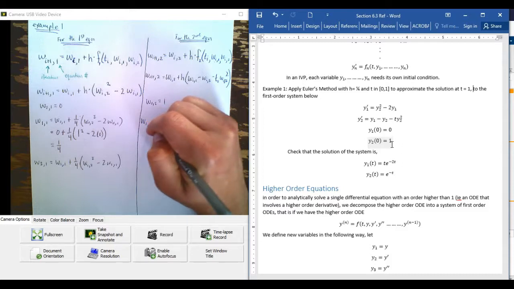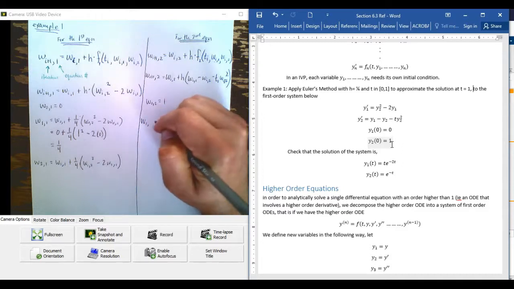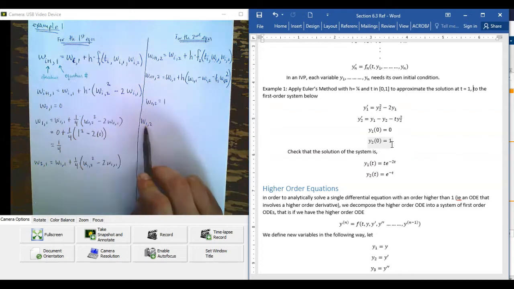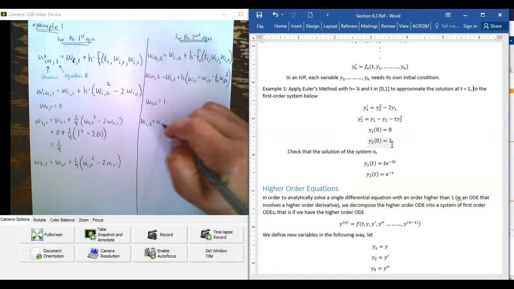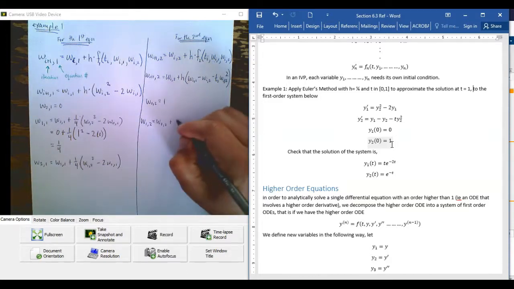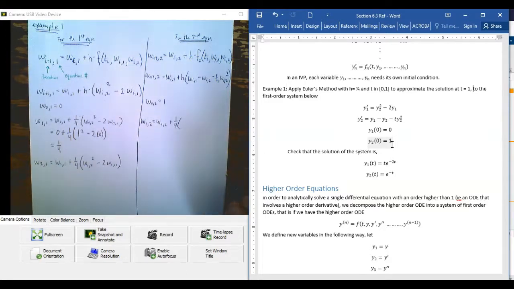W12, the first approximation from the second function, is W02 plus 1/4 times W01 minus W02 minus t0, t_i by the way, t0 times W02 squared.